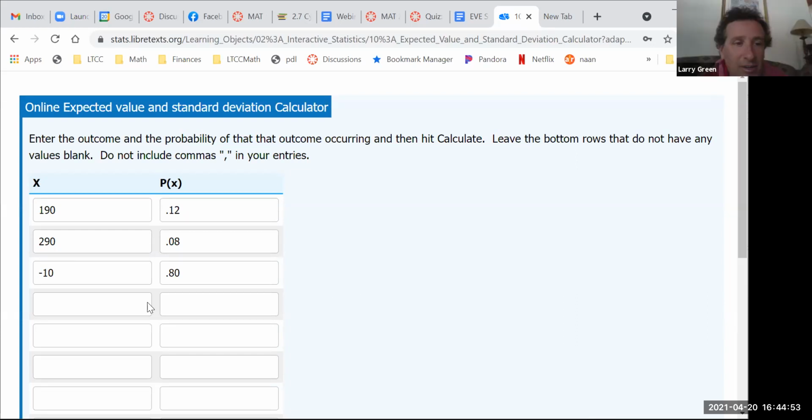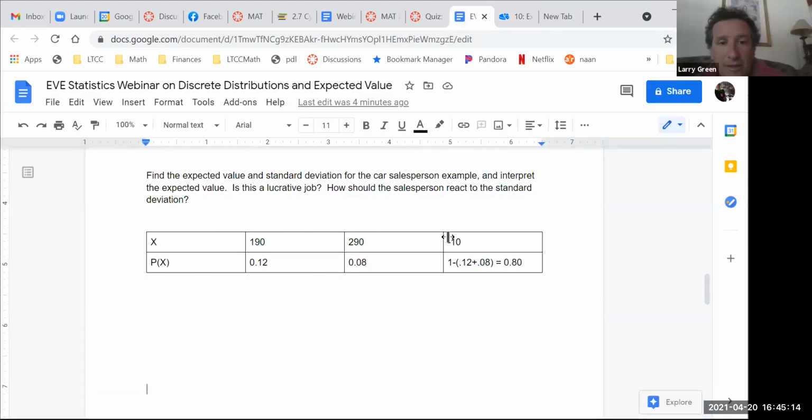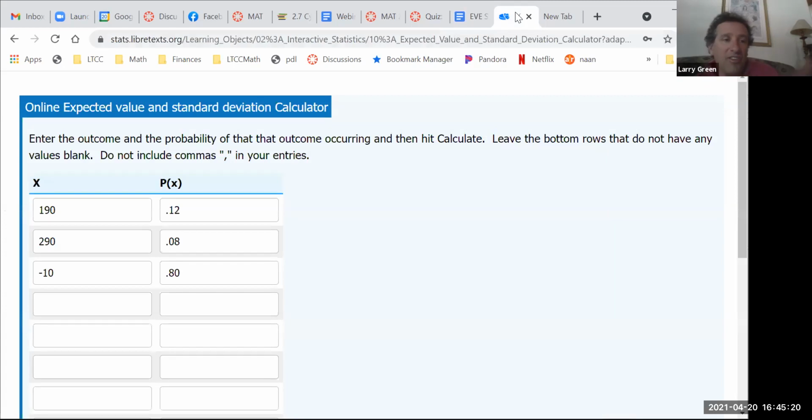Probability of that X occurring. So the probability of a $190 profit was 0.12. Do you remember that? That was in our table. Maybe it'll help to see the table again. See the X and P of X? So it's the same table. This just uses columns and I use rows.